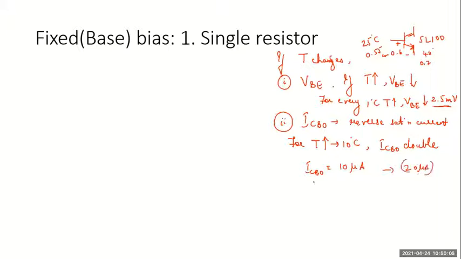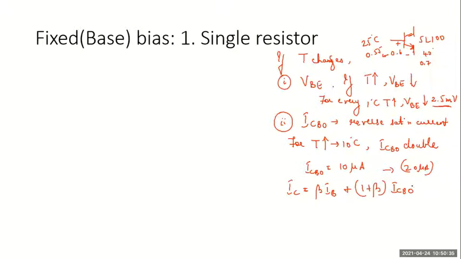It would double. Please remember, the collector current IC depends on the base current directly to a larger extent, but it also depends on the reverse saturation current like this. This equation has two terms. We are going to neglect the second term only when this ICBO is very small. And remember, beta will not be very small in a transistor.